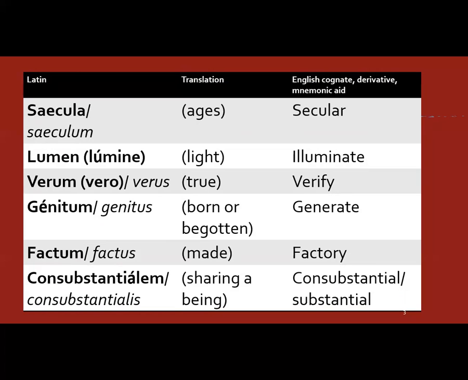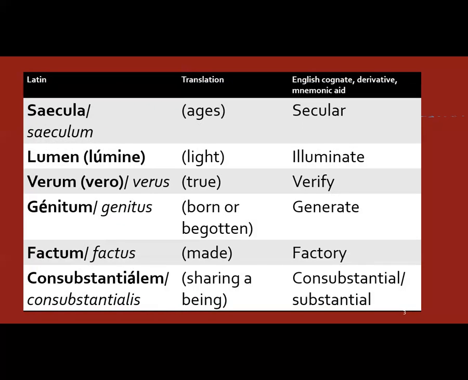Lumen, lumine. Both words appear. I have them both bolded because they both appear in the Credo. Our word illuminate comes from this, something that gives light, and it means light. Verum, or vero, means something that is true.